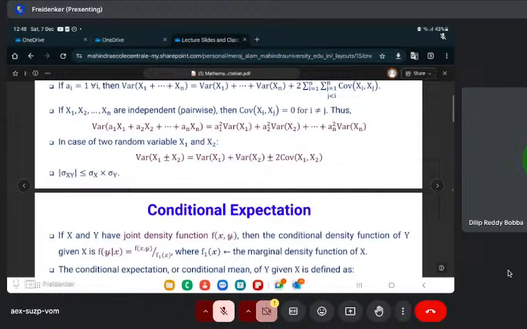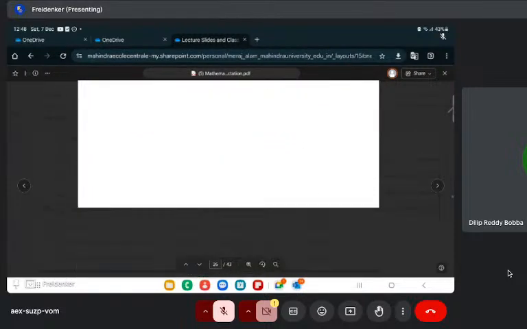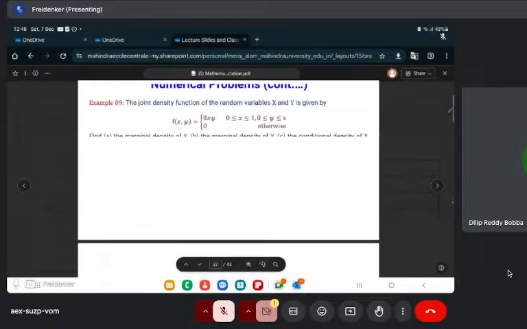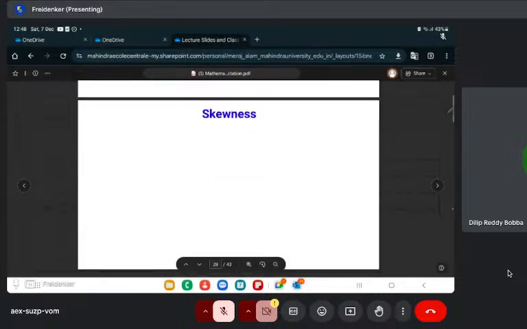I do not know the reason, but from here we can show that covariance, not covariance, correlation lies in between -1 and 1. Just take this into the denominator, open the mod, then you can see that correlation lies in between -1 and 1 using the last relation. I do not know where that came from, but okay, fine. I didn't think about it.